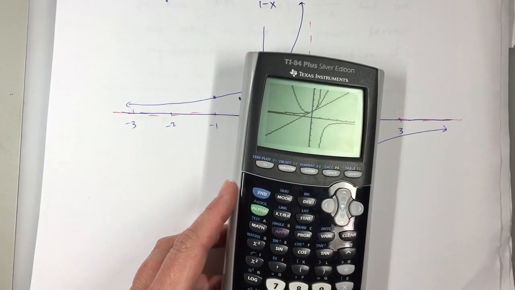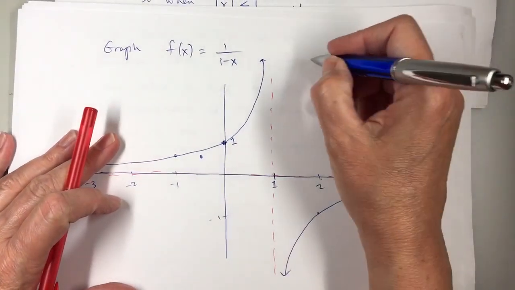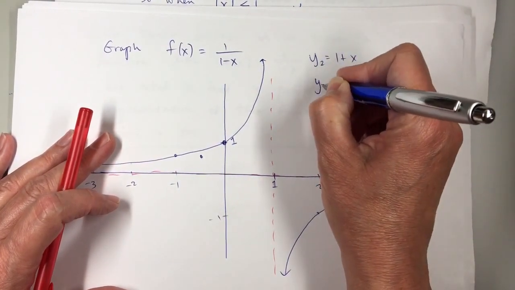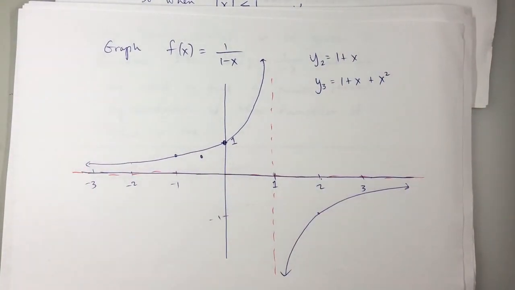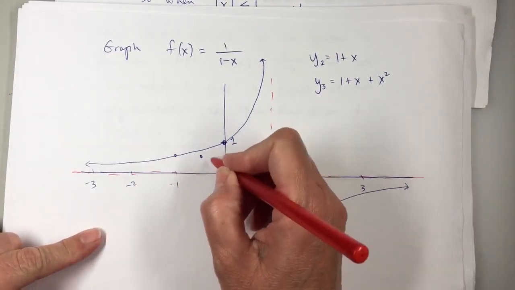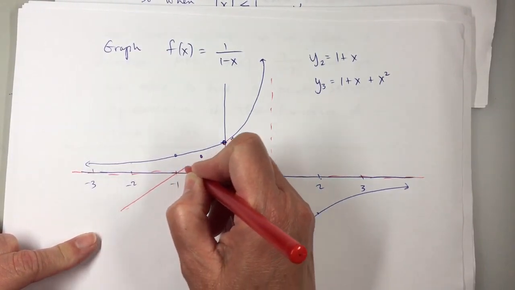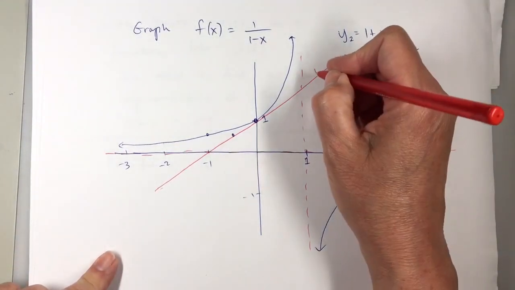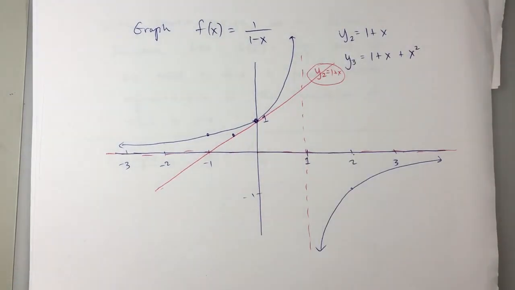So the point being this, with power series, remember the power series is an infinite polynomial, but even if I just look at a few terms, y2 is this line. It's on this line. That's y2, 1 plus x. And then y3 is a parabola.